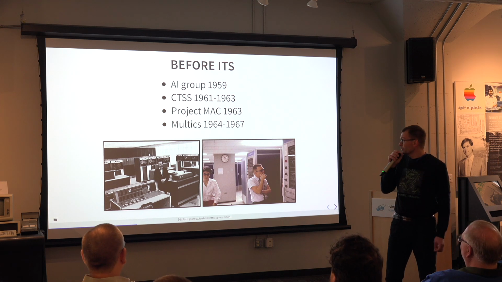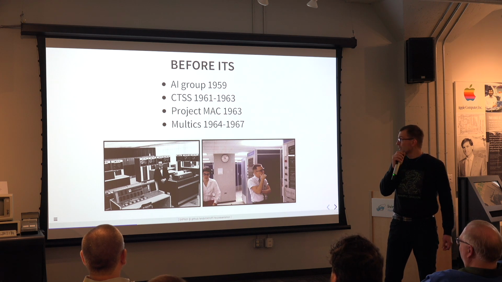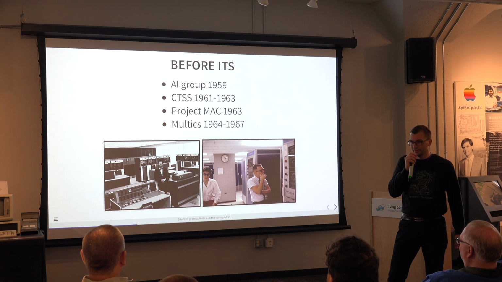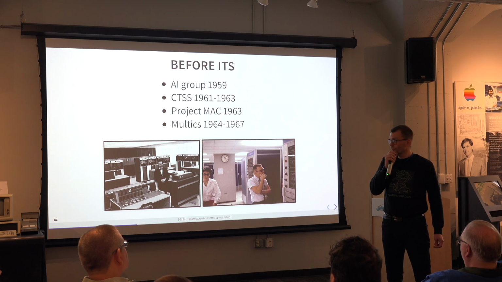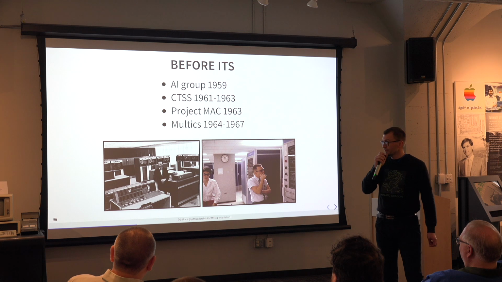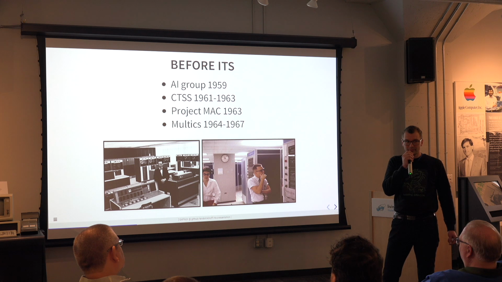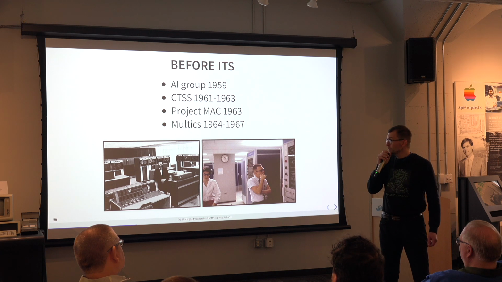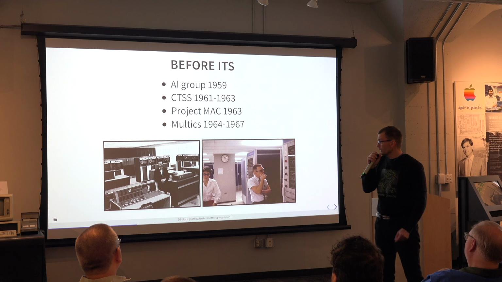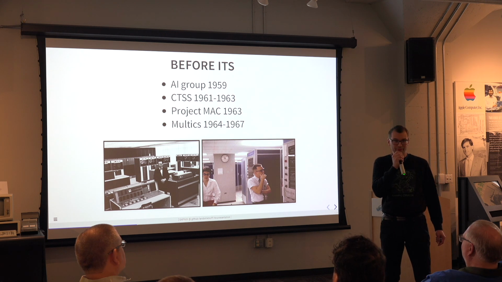There were some other operating systems at MIT before ITS. There was an artificial intelligence group that formed around 1959, which was to later create ITS. And there was a large IBM time-sharing system, the one to the left, called CTSS, which is the Incompatible Timesharing System.